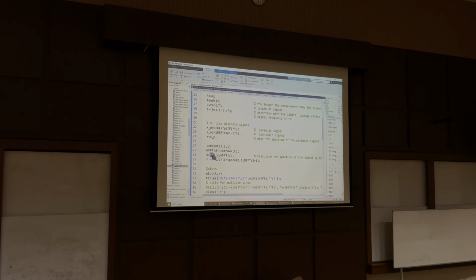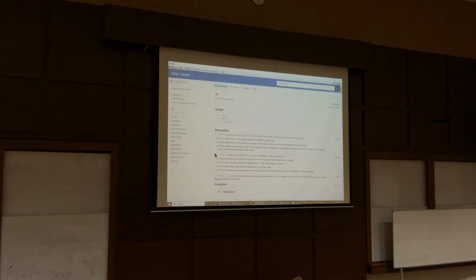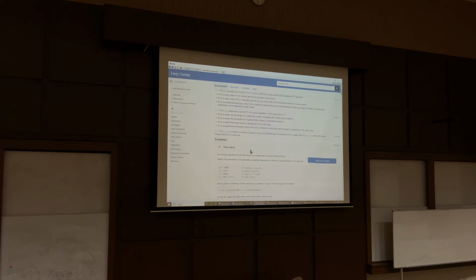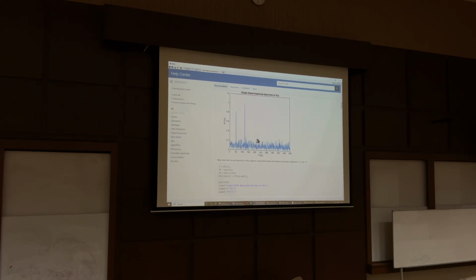If you look at F1, in the help center, it says fast Fourier transformation. And you see there are some examples, more or less what I showed you also.